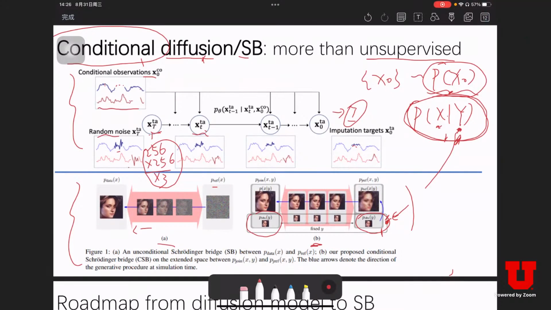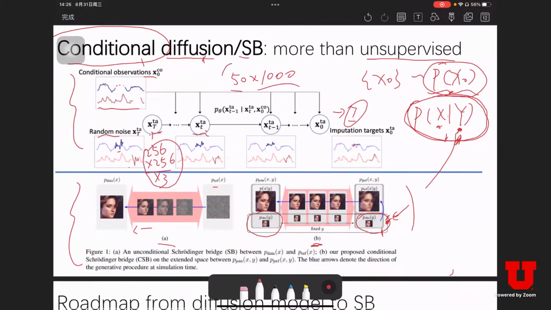For multi-dimensional time series, you may have 15 different dimensions with thousands of time steps, and you want to fit these things with your diffusion model. It's very easy to run out of CUDA memory. So I have no idea how to solve it.